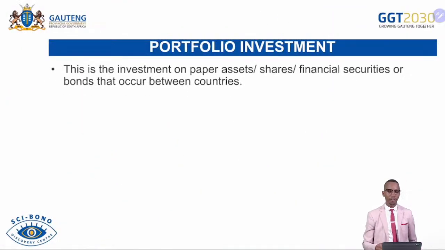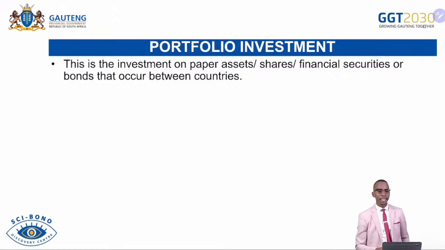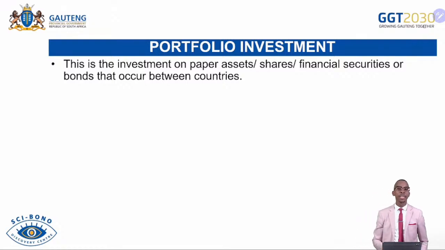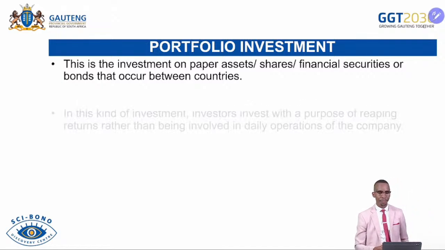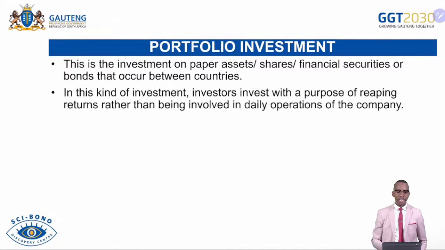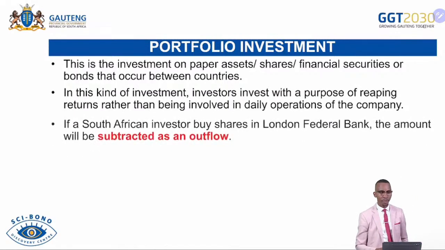Then the portfolio investment. This is more about the purchase or sale of shares, bonds, paper assets or financial securities across the world. In this kind of investment, investors invest with the purpose of reaping returns rather than being involved in the daily operations of the business.